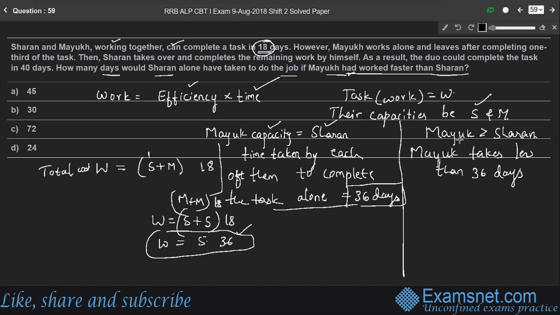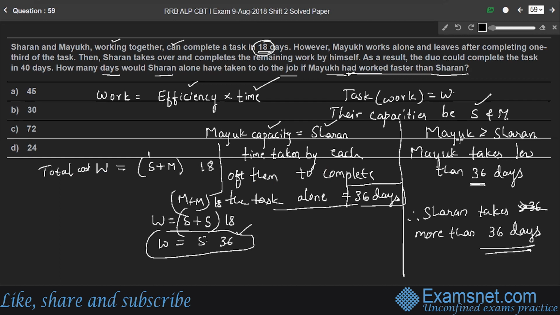If Mayuk's capacity is greater, he takes less than 36 days, so he completes the task faster. That means Sharan takes more than 36 days.